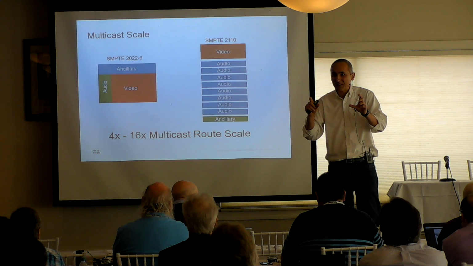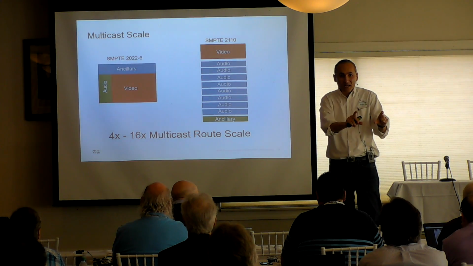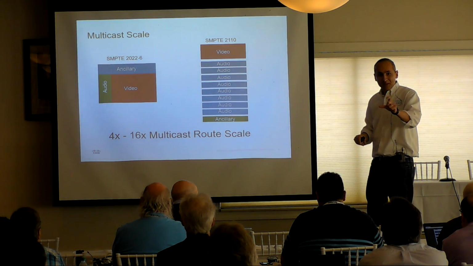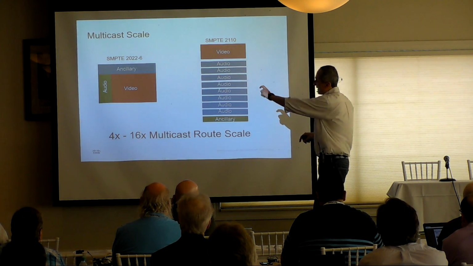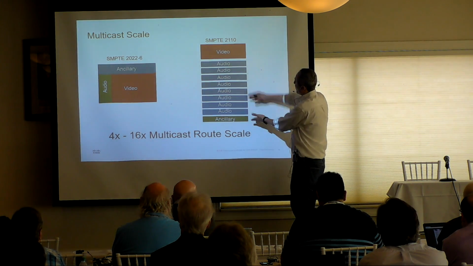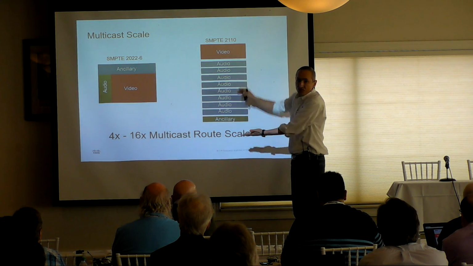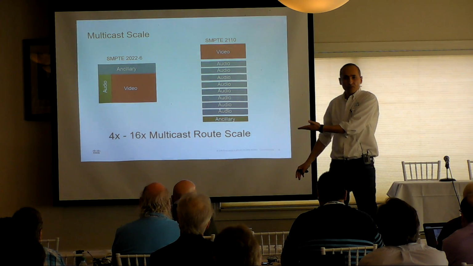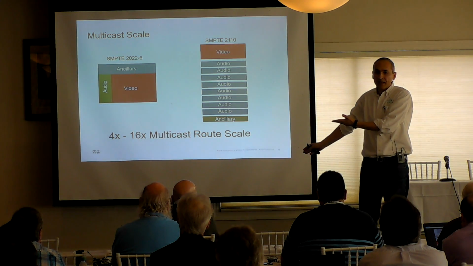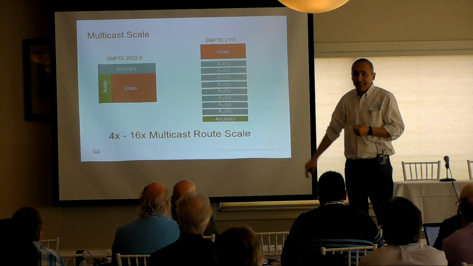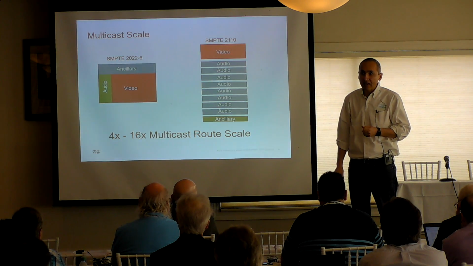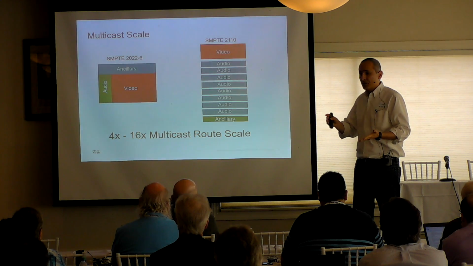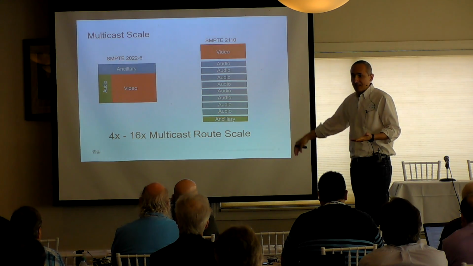Now, what will happen with 2110 is that the same flow will be exploded into maybe 10 flows, right? 8 for audio, 1 video, and then 1 ancillary. So what that means is that your multicast scale will explode by 10 times, from 4 to 16 times multicast scale.